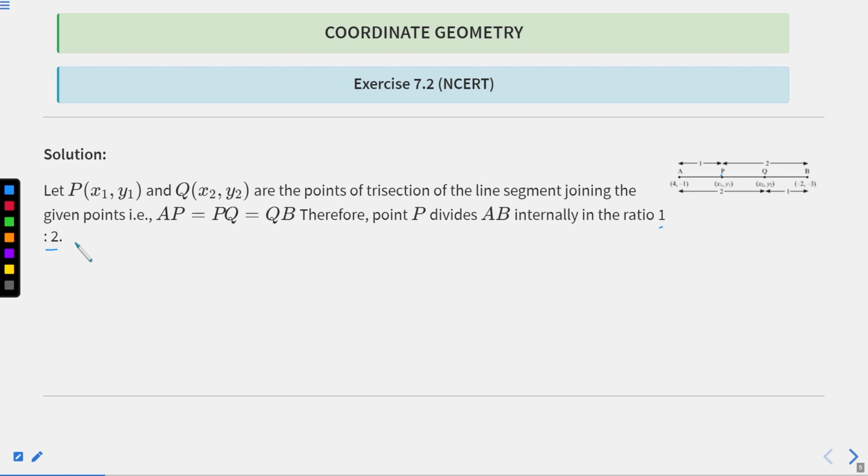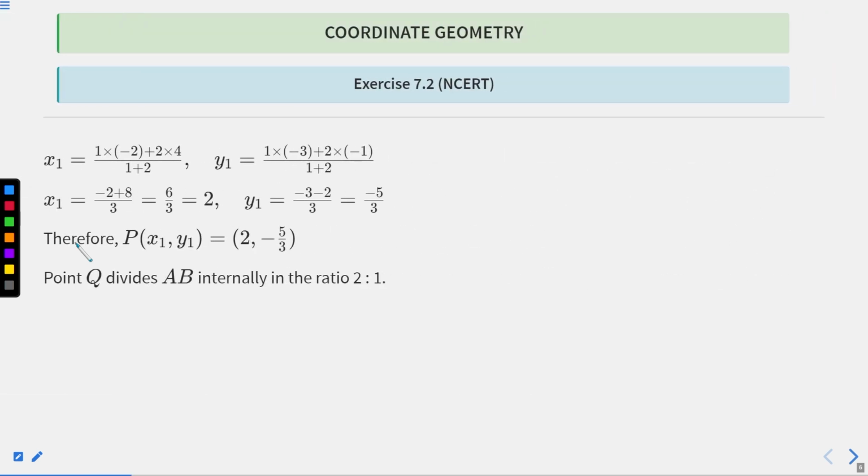Now x1 is equal to 1 into minus 2 plus 2 into 4 divided by 1 plus 2. If you simplify it, you will get 2. So x1 is equal to 2, and y1 is equal to 1 into minus 3 plus 2 into minus 1 divided by 1 plus 2.